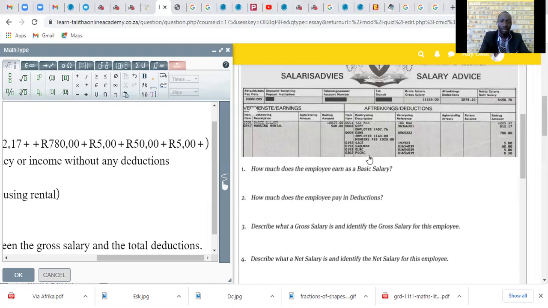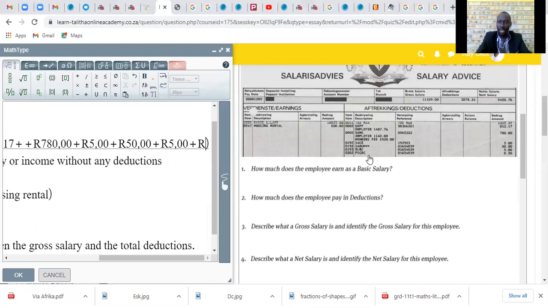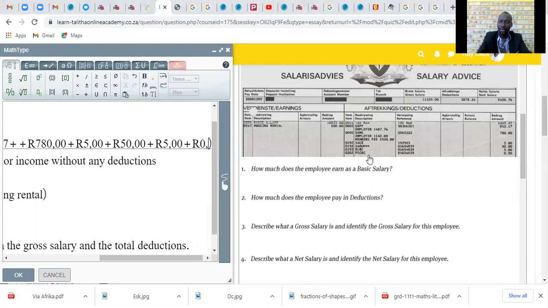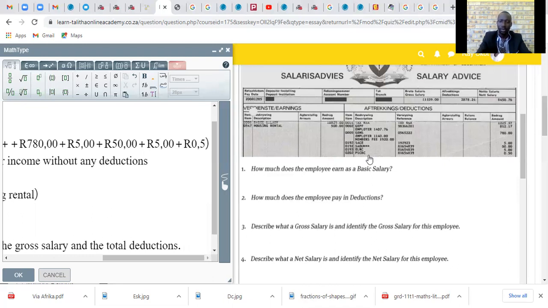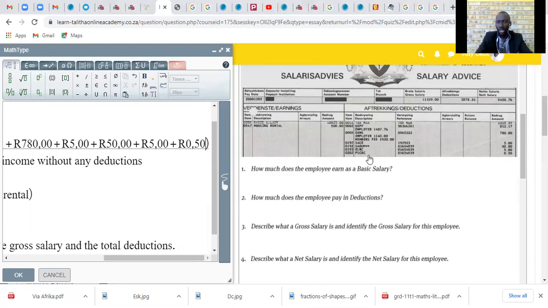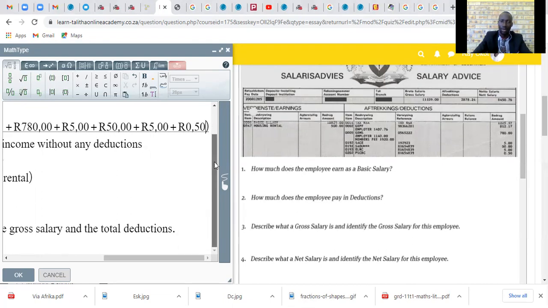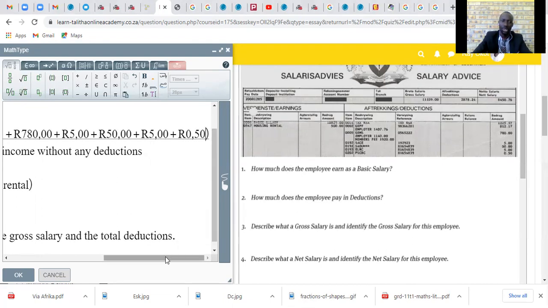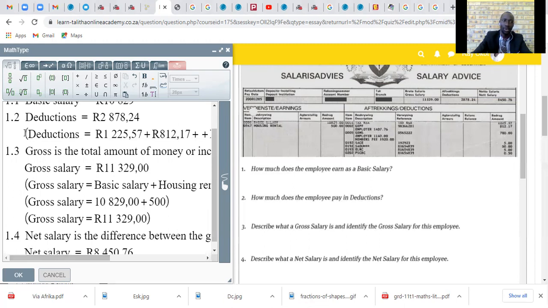So the next thing for us to add is going to be 0.50. When we add all this, we should be able to get exactly the amount of money that was indicated up there as deductions.